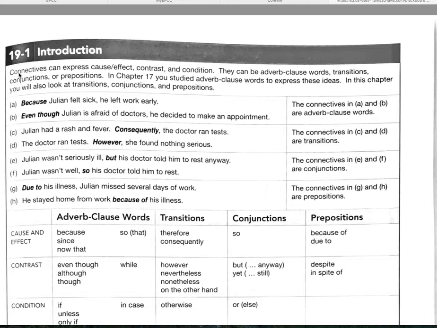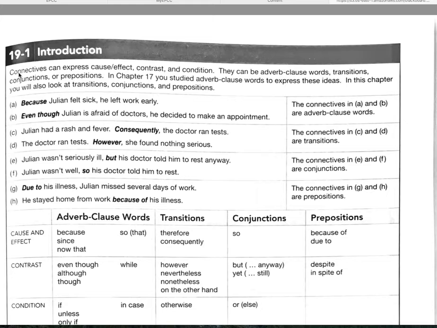So a lot of this we have already seen, but now we'll be looking at words that connect these ideas. For example, in an adverb clause, you're going to have the adverb clause, and then you're going to have the main clause. We're going to use words that connect adverb clauses or that introduce adverb clauses for cause and effect, for contrast, and for condition.